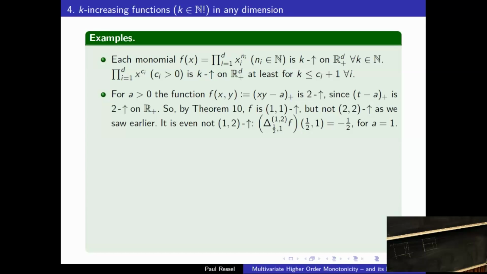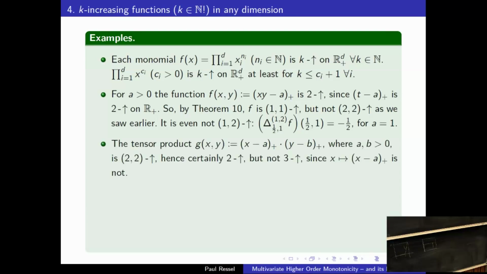But if I subtract a constant, it doesn't change anything with the difference. So by theorem 10, which just was there, f is in fact 1 increasing, which we didn't know before, and we knew that it is not 2 increasing, because of this counterexample here.